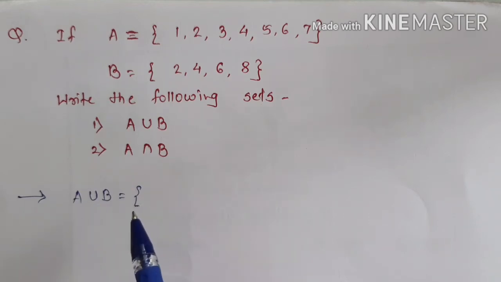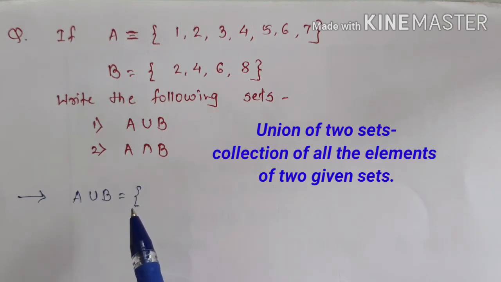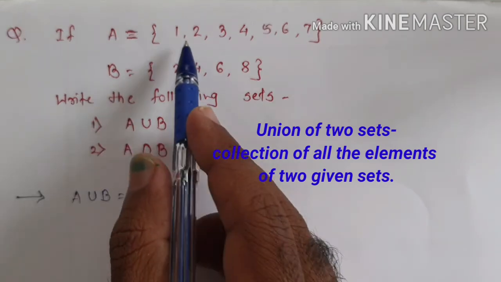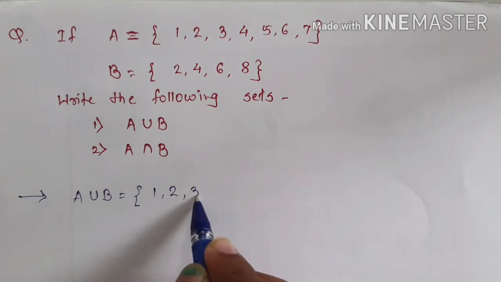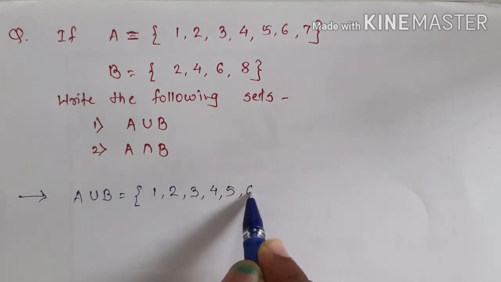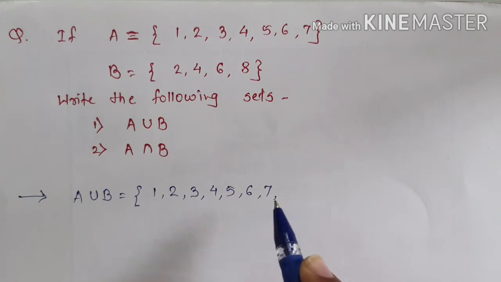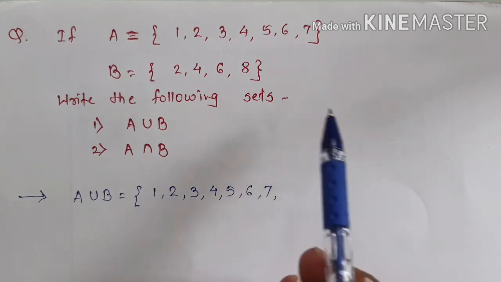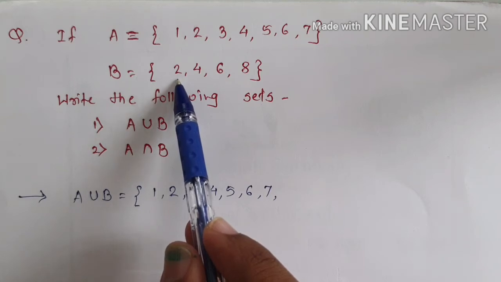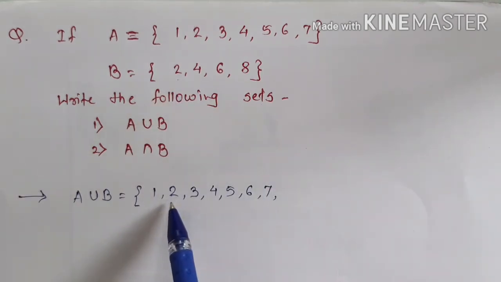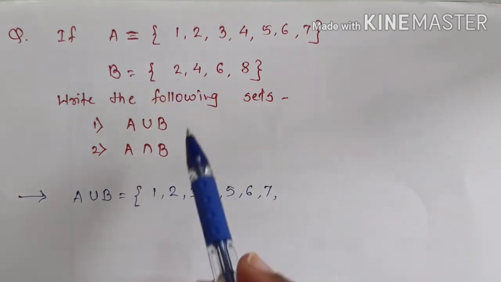In union of any two sets, we have to collect all the terms in the given two sets. So we write firstly the elements of set A, that is 1, 2, 3, 4, 5, 6 and 7. Then we add elements of set B. The first element in set B is 2, which we have already taken, so we cannot repeat that element.